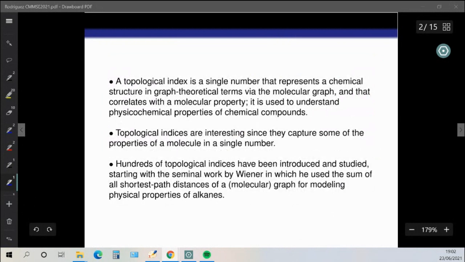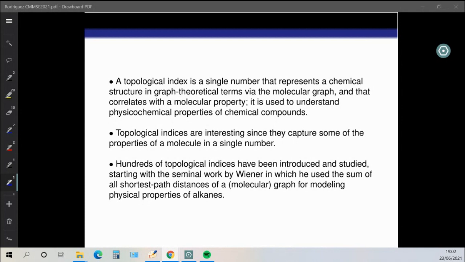A topological index is a single number that represents a chemical structure in graph theoretical terms via the molecular graph. This number correlates with a molecular property. It's used to understand physicochemical properties of chemical compounds.